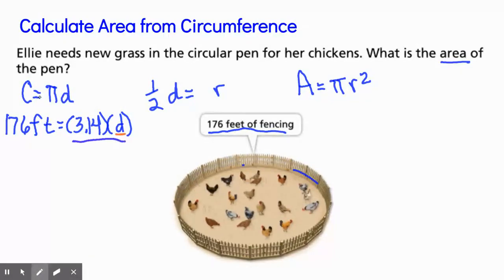So if I divide by pi on both sides, it gets something I can use. This turns into 1. I have 176 feet divided by pi.